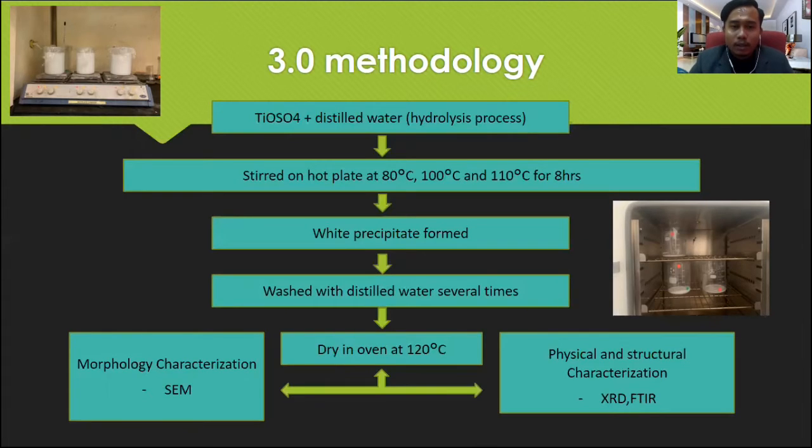After that, we can see the white precipitate form, and this white precipitate will be washed with distilled water several times. For this experiment, all three samples had been washed with distilled water 5 times each. After the last washing procedure, all three samples will be dried in an oven at 120 degrees Celsius for 10 hours.